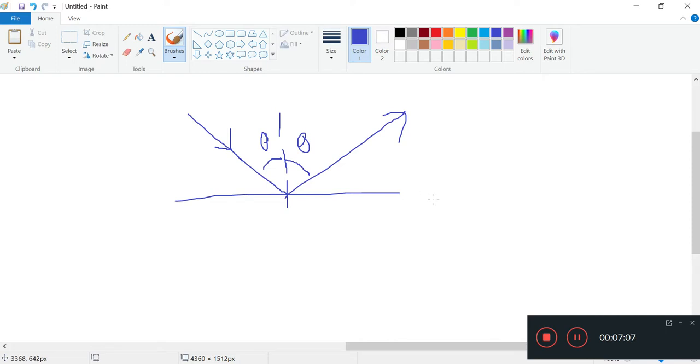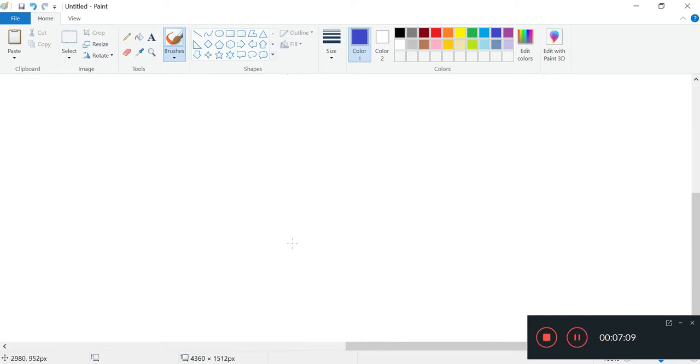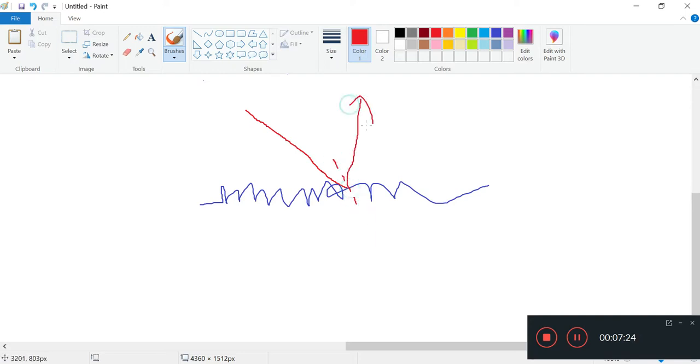But how do you then get a diffuse surface? If you have a very rough surface with lots of jagged edges, then a beam of radiation coming in will find this angle and bounce off at this angle. If you have another beam coming in here, it would find this angle normal to the surface and bounce off at this angle.